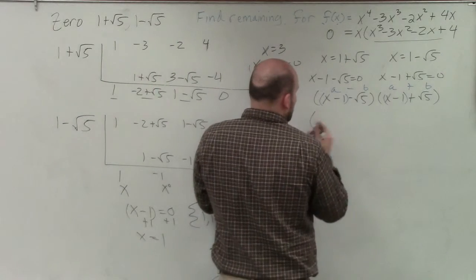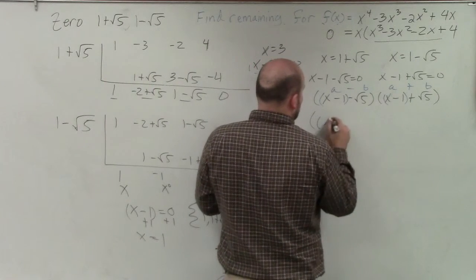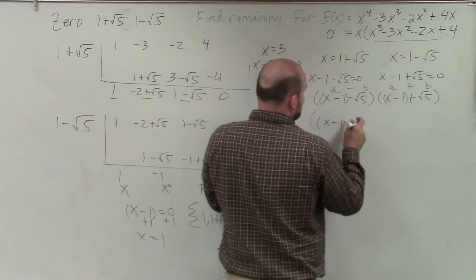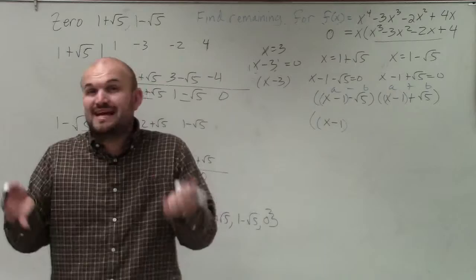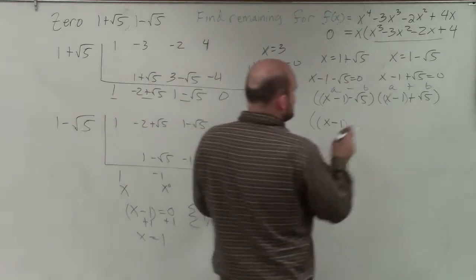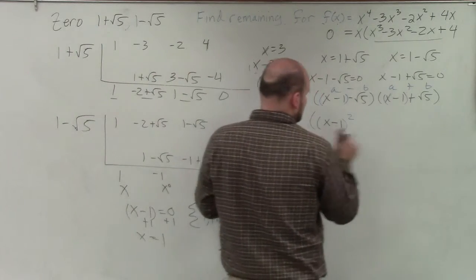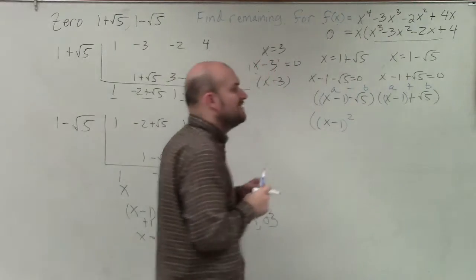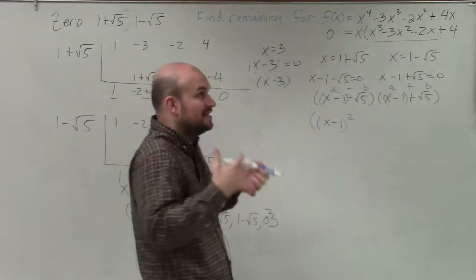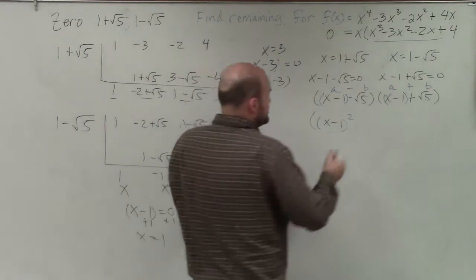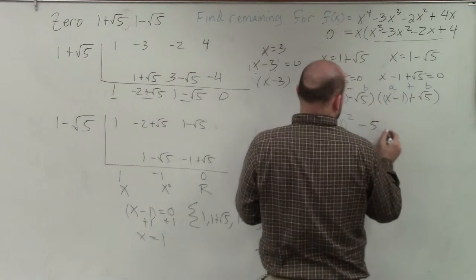So that tells me when I multiply this, I have x minus 1. When applying the difference of 2 squares, remember a minus b times a plus b produces a squared minus b squared. So that's x minus 1 squared minus the square root of 5 squared, which is just minus 5.